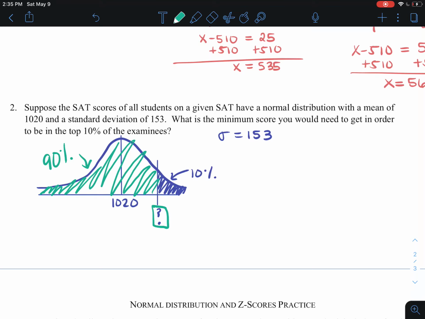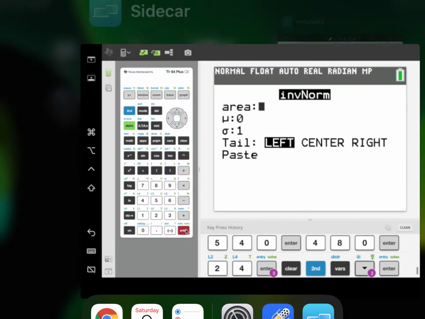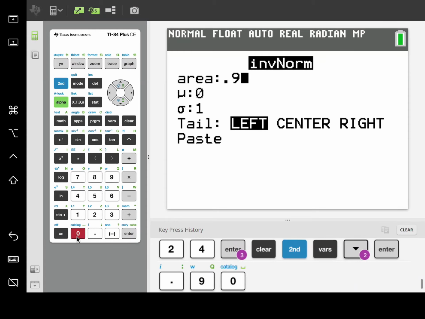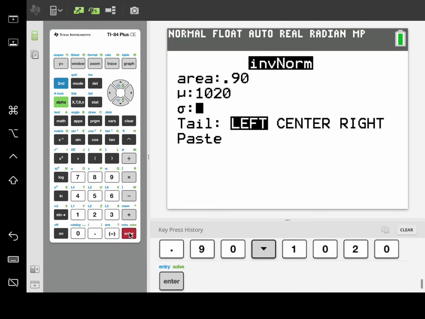Since everything under the curve would add up to 100%. So that is going to be my area, the 90%. So I'm going to type in 0.9. Okay, and for this question, we were told that the average score was a 1020, so we'll type that in. Okay, and the standard deviation was 153.